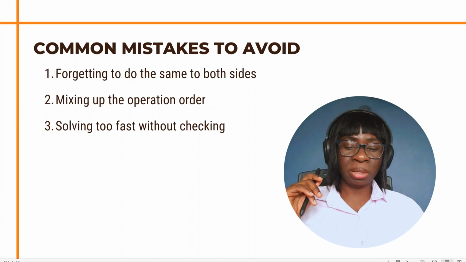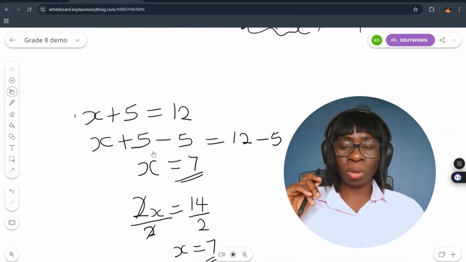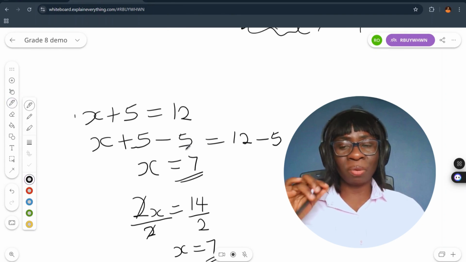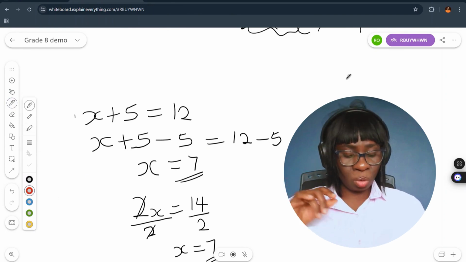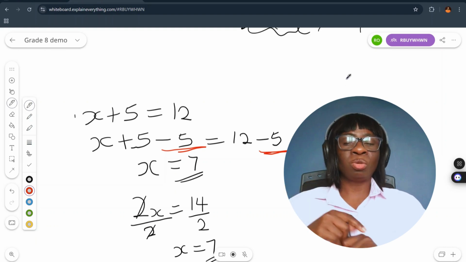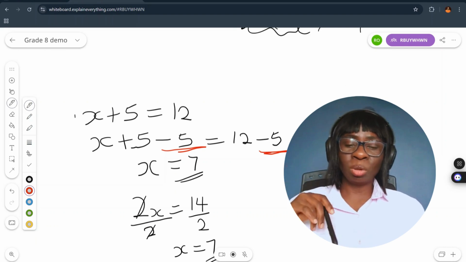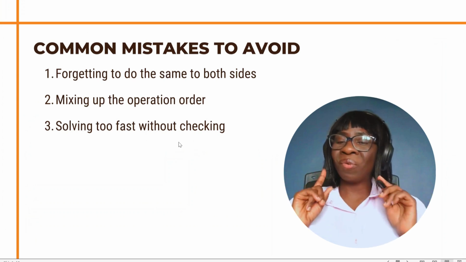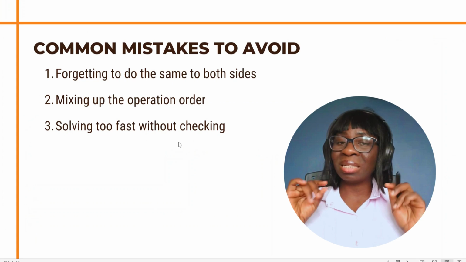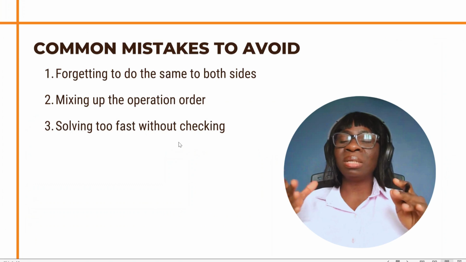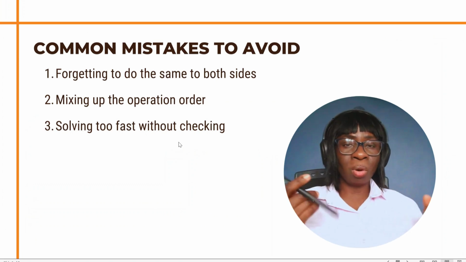Just like we did here, when we solved this one, we subtracted 5 from the left hand side, we also subtracted 5 from the right hand side. You must perform the same operation on both sides. So forgetting to do the same thing to both sides is a mistake that should be avoided.